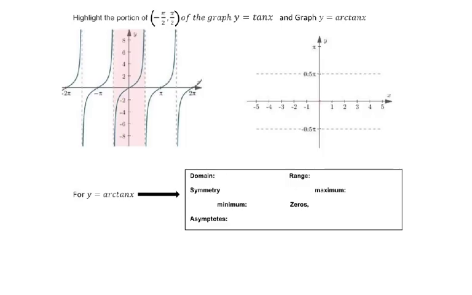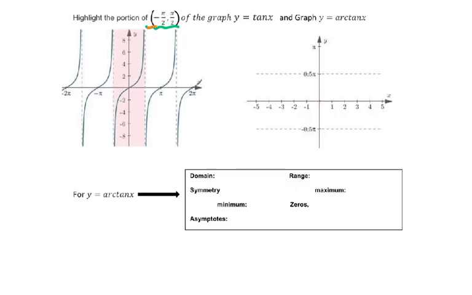Now let's go to y equals tangent x function. This is a graph for y equals tangent of x. We still need to restrict the domain into negative pi over 2 to pi over 2.